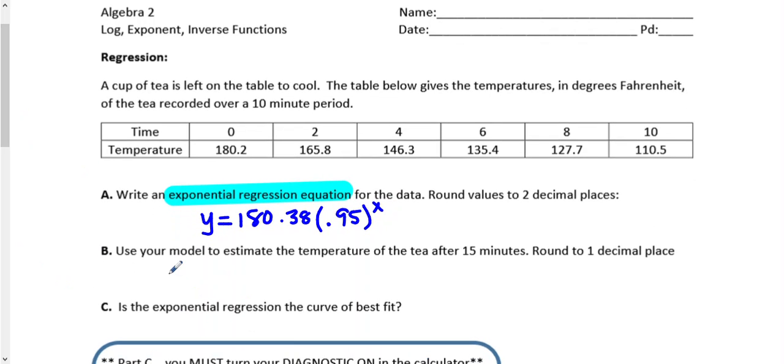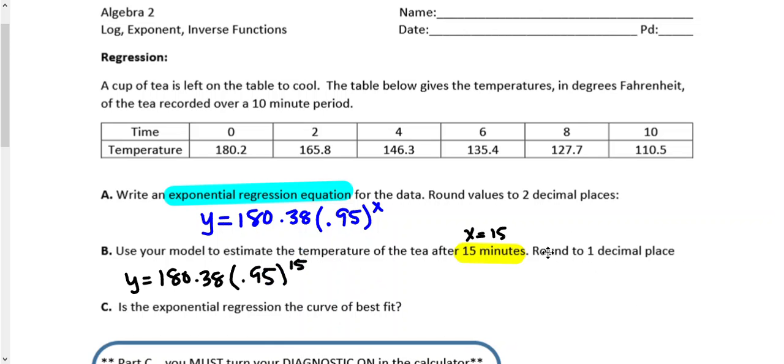Now part B, use your model to estimate the temperature of tea after 15 minutes. So here's the key, 15 minutes. That is what x equals. So we're going to take that, y equals 180.38, parentheses 0.95. In this case, we're going to raise it to the 15th power.